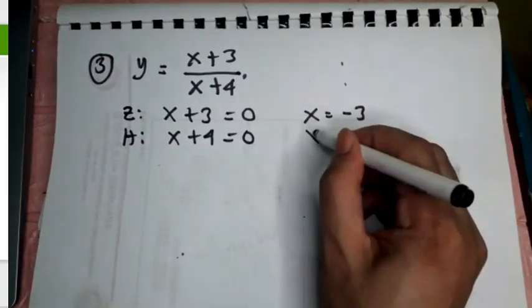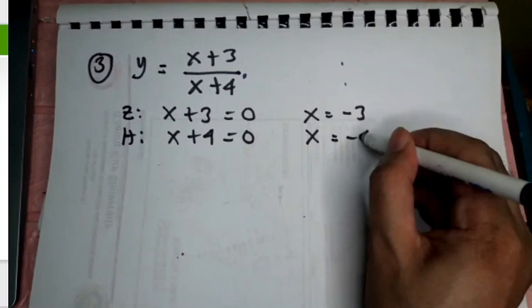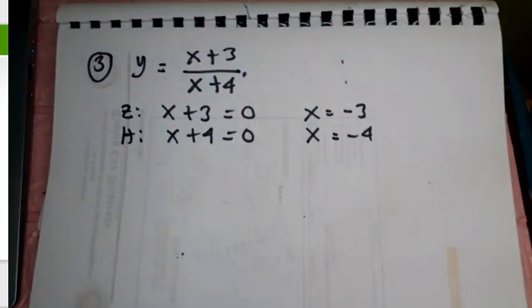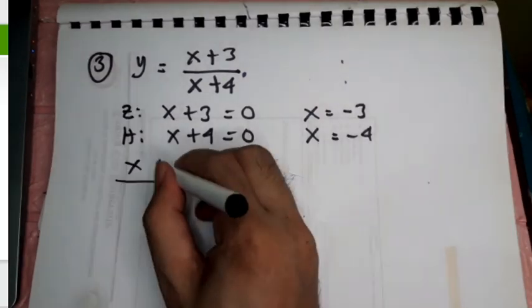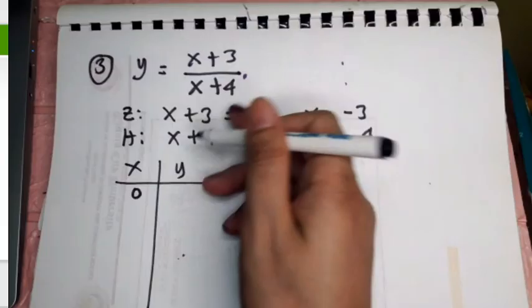We can tabulate values, for example x and y. Okay, so x is, for example, 0. What will happen if x is 0? 3 over 4.